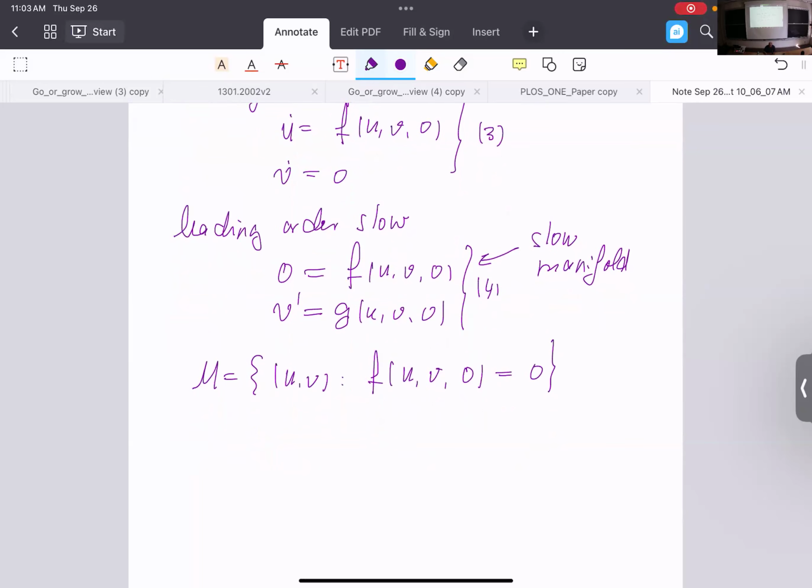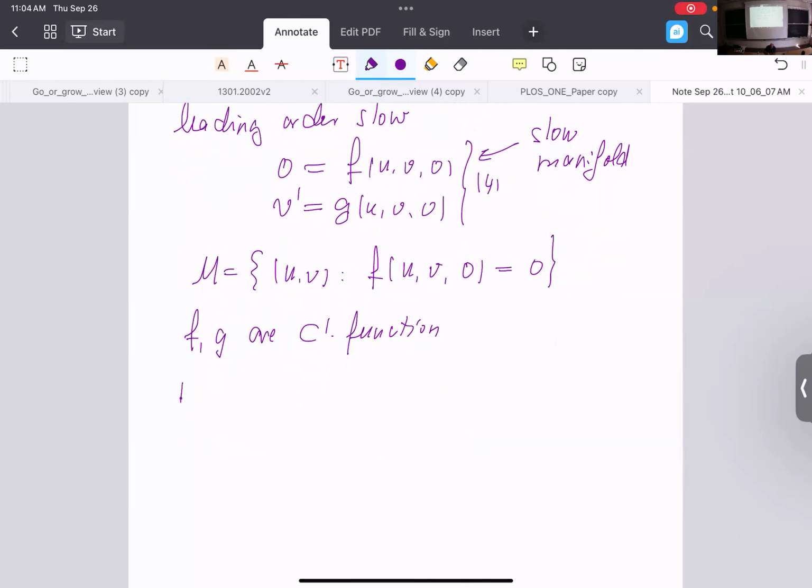And then as we had, the slow manifold is something in phase space. And if u and v are vectors, then the slow manifold will be a codimension one submanifold. So it could be rather complicated as well. So I assume f and g are C1 functions, so continuously differentiable.